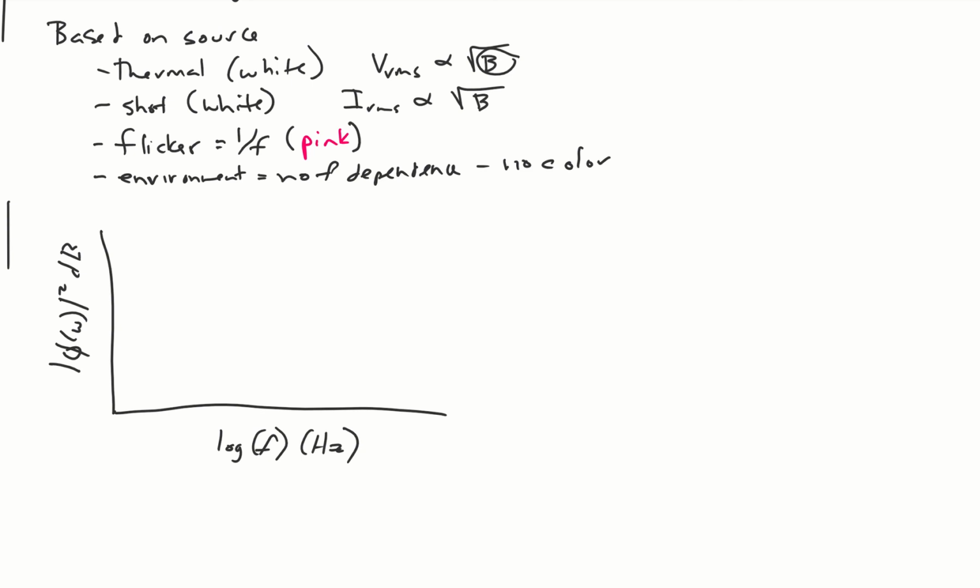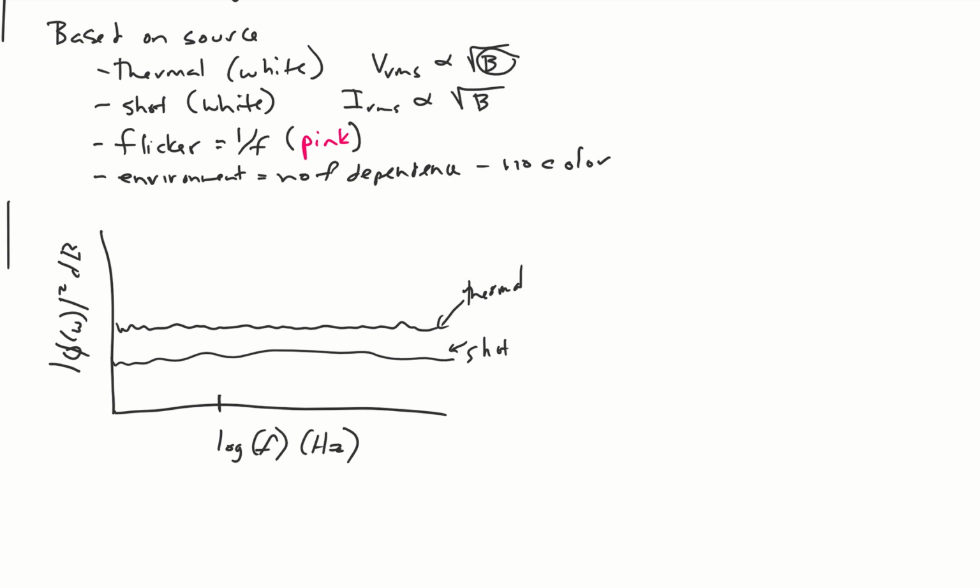First, let's look at it based on our source. The easiest things to draw first would be our white sources of noise. So we'll have some contributions from thermal noise. We can also say we have some contributions from the shot noise. I'm going to draw all these individually and then let's sum them together.